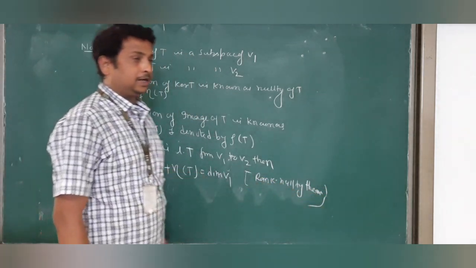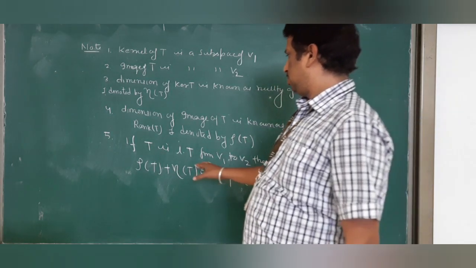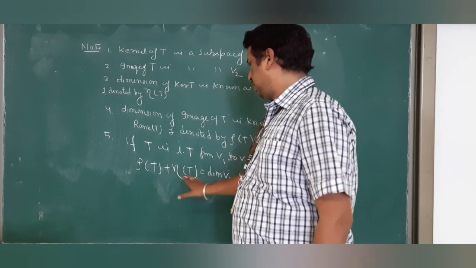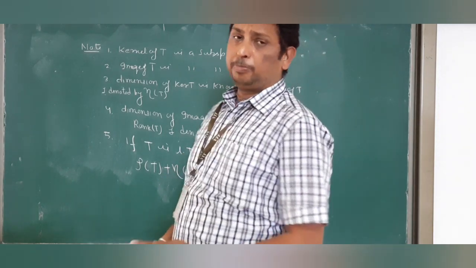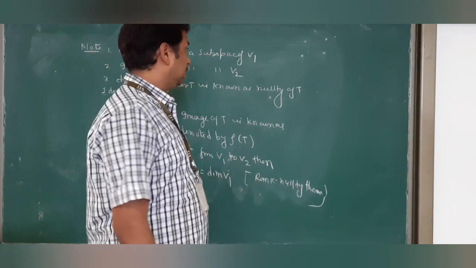This is very important. So, if T is a linear transformation from V1 to V2, then rank T plus nullity T is equal to dimension of V1. These five properties play a very important role in linear transformation.